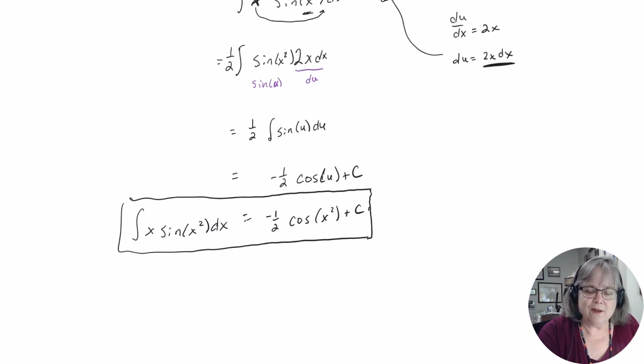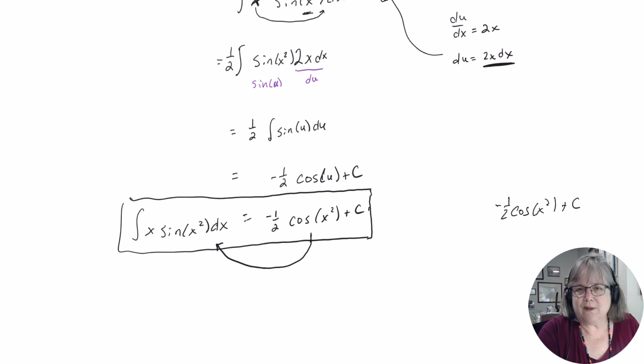Now, what you can do is, if you did this correctly, if you take the derivative of this part right here, it should get you back to here. So it wouldn't hurt you to check that. And in fact, if I was on a test and was trying to save points, I would check every one. I would come over here and go, okay, minus 1/2 cosine x squared.